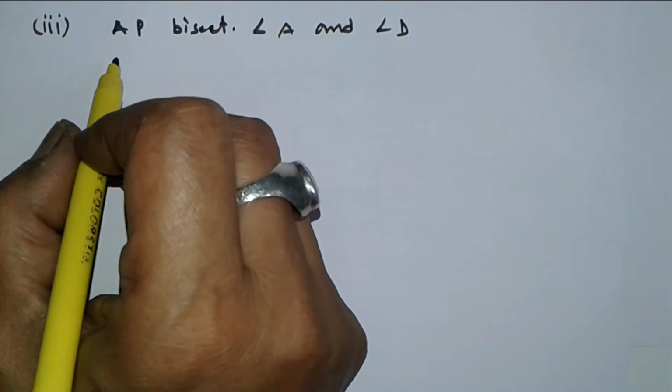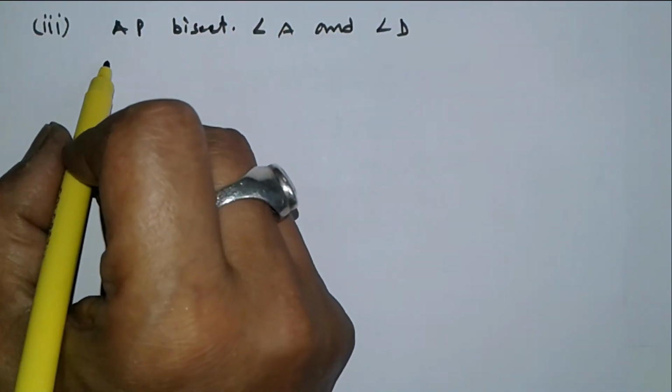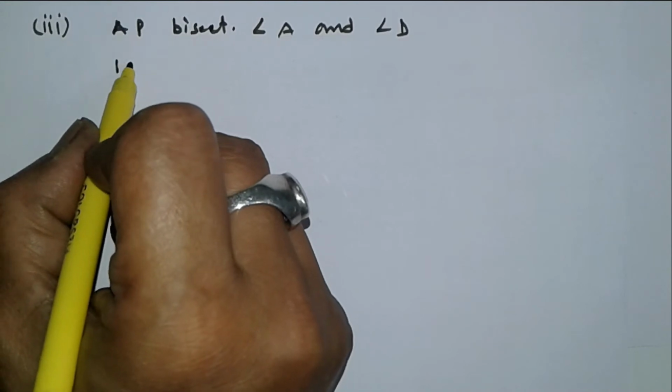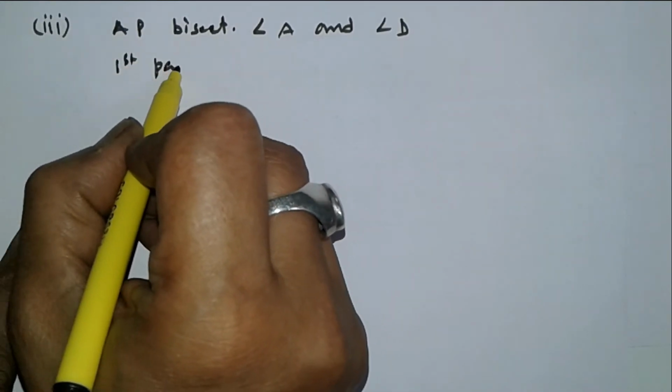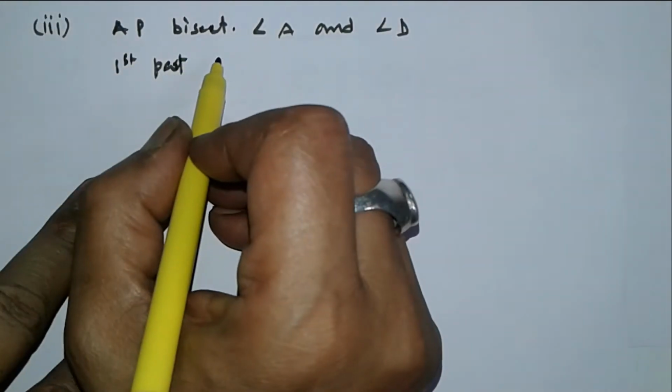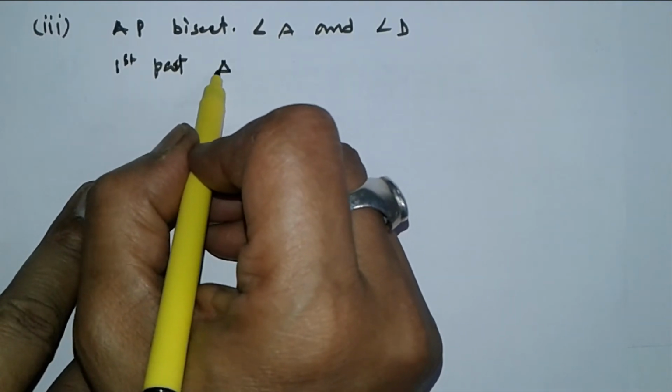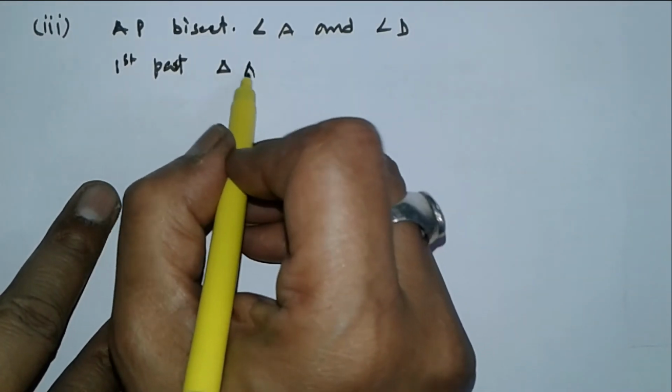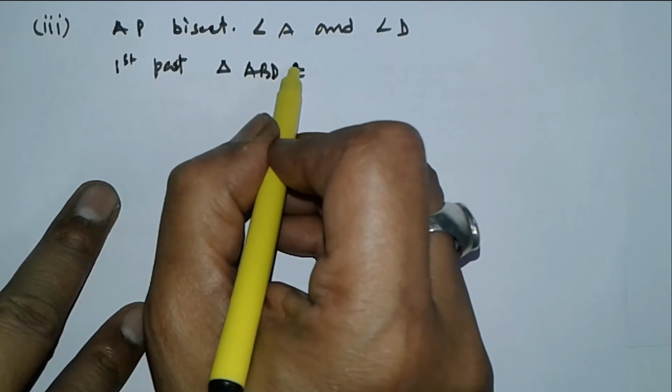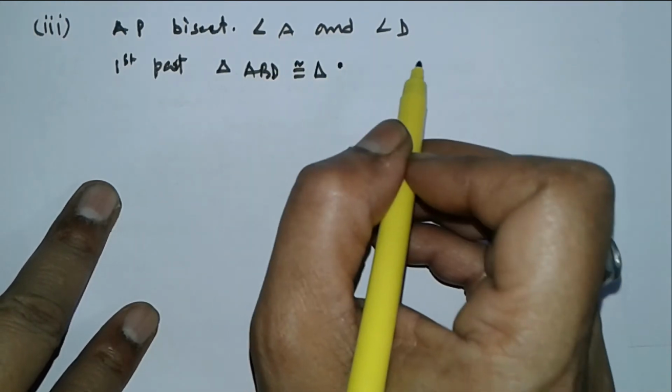In the first part we have already proved that triangle ABD is congruent to triangle ACD.